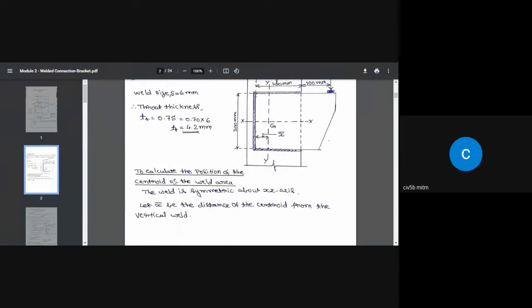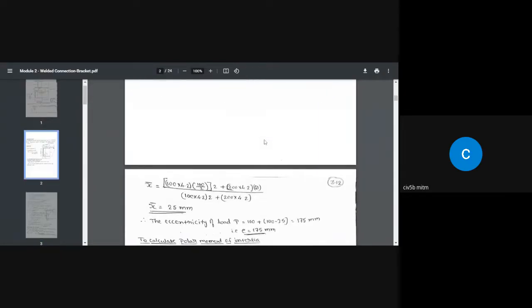So first, calculate the position of the centroid of the weld area. The weld is symmetric about the x-axis, as I said before. Let x bar be the distance of the centroid from the vertical weld, from this point. Here we are going to ignore the throat thickness of the weld. You know how to find the centroid from your first or second semester engineering mechanics subject.